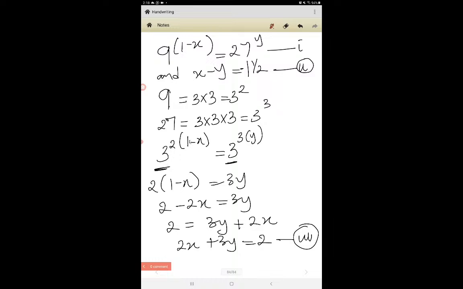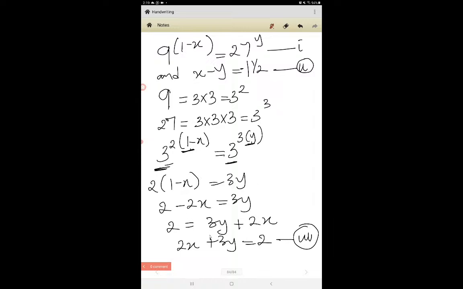By the time you are able to apply the laws I explained from the first example, since they have the same base, which is 3 and 3, and we call this topic indicial equation, since they have the same base, automatically the indices will be equal. So since the indices are equal, making 2 times 1, 2, 2 times x minus 2x, 3y.